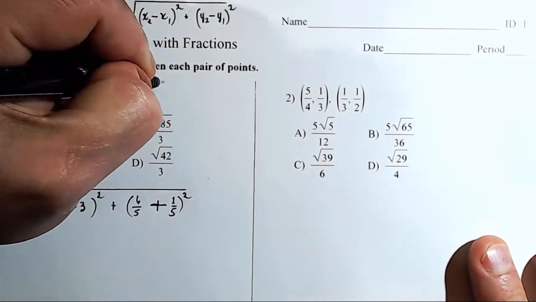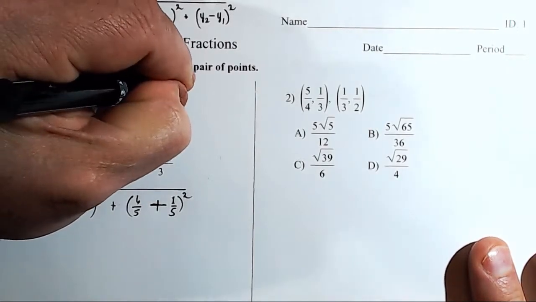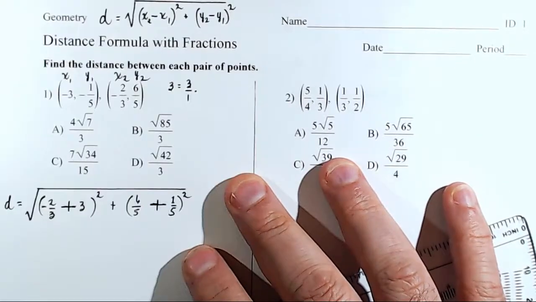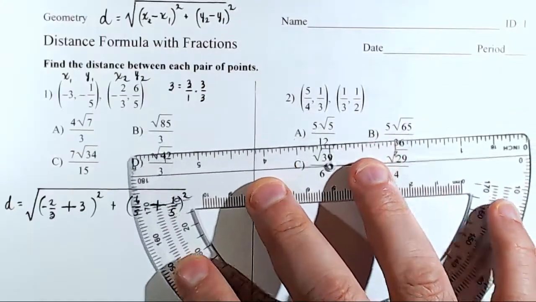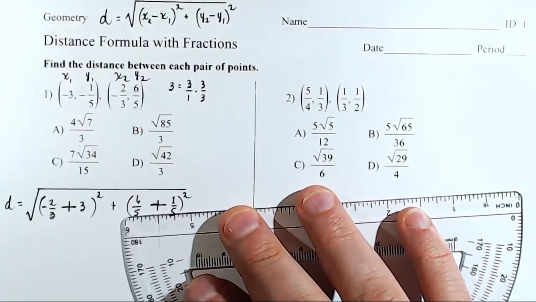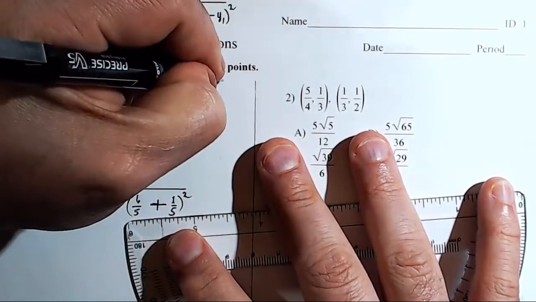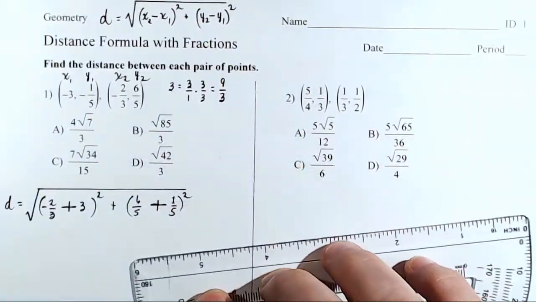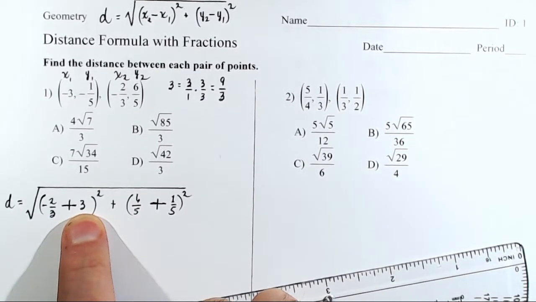We remember here that 3 is really equal to 3/1. If I want that to have a 3 in the denominator, I just multiply it by 3/3. I have to multiply by 3/3 because I can only ever multiply a fraction by 1, and 3/3 reduces to 1. So 3 becomes, multiplying across the top and across the bottom, 9/3.